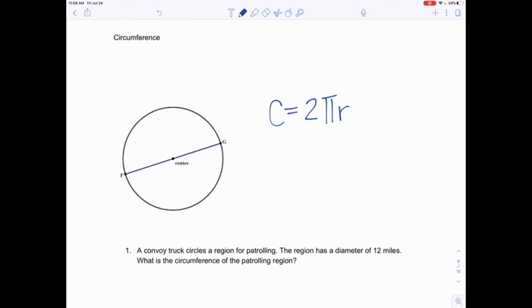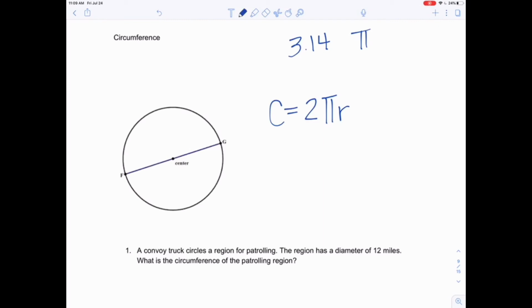Pi, you can either use it as 3.14 and multiply it that way, or you can just leave it as pi in the answer. How do I know which one to use? Look at the answer choices. If they do not have pi, that means you need to multiply by 3.14. Okay? All right, so circumference is 2 pi r. That's the most important thing here.